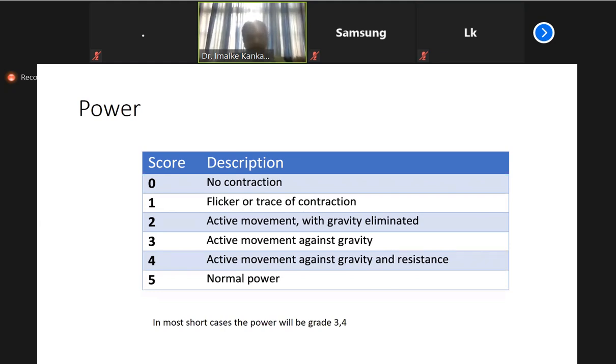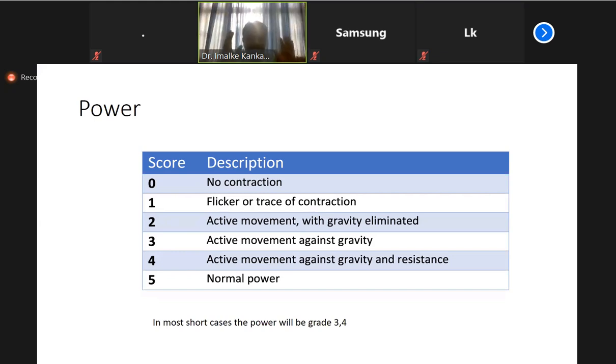So now I will give you tips only. If you can see the child has got active movements against gravity, that means the child could lift the limb, that is above 3. Then you will have to just press forcefully and ask the child to lift against gravity.